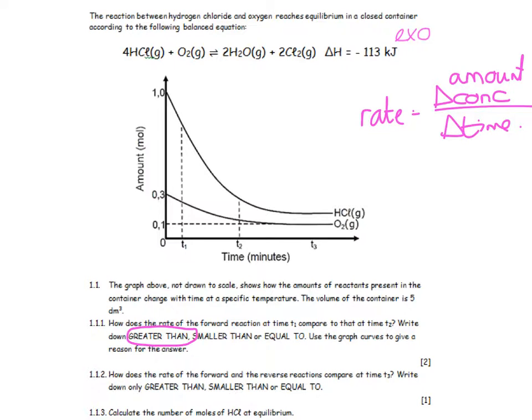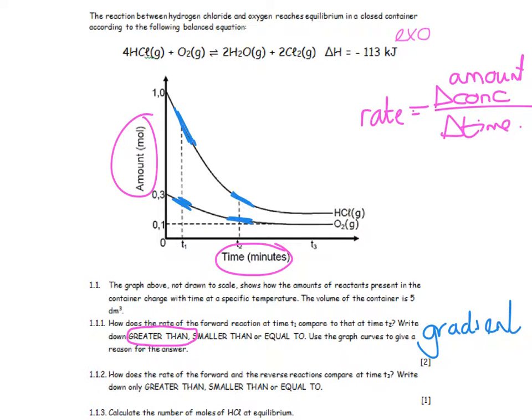And therefore it is in essence change in y over change in x, which means it is a gradient. So you can say quite clearly that the gradient at t1 of both graphs is greater than the gradient at t2. So you needed to come up with that word gradient, or talk about the change in the number of moles.